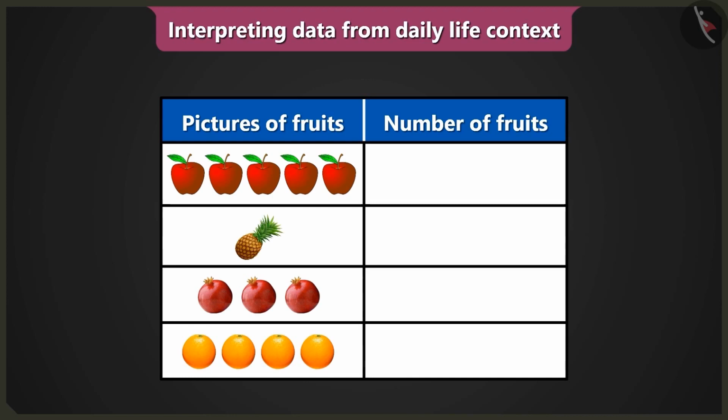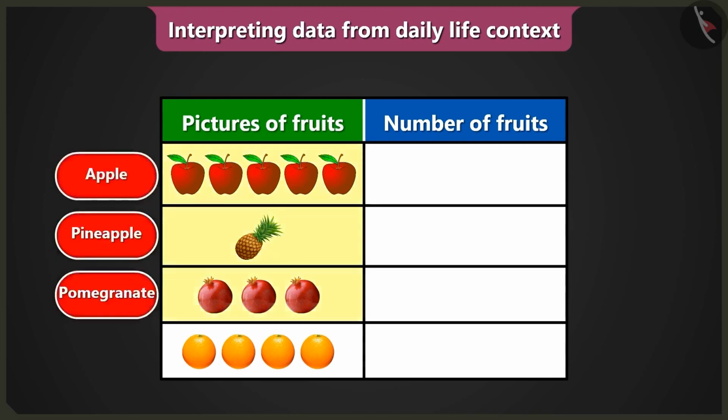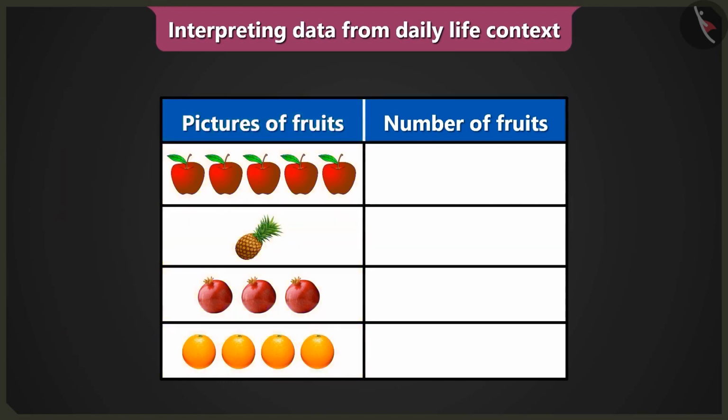How is that? Look, which pictures are there in the column of fruits in the table? There are pictures of apple, pineapple, pomegranate and orange. Now have you understood that the data given is about which fruits?